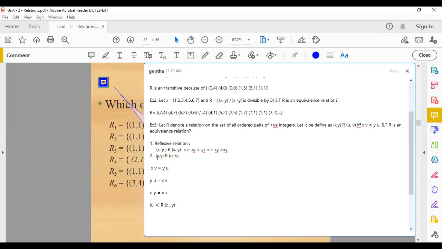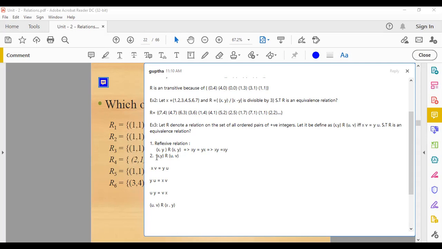As per the definition they gave, xv and yu. So A related to B and B related to A, that is what we want to prove.